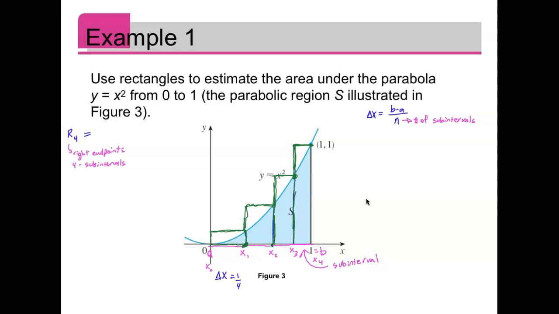They're just x coordinates, right? And here's how we do it. Any general xi will be equal to your left endpoint plus i times delta x. Remember, delta x is the width of the gap.